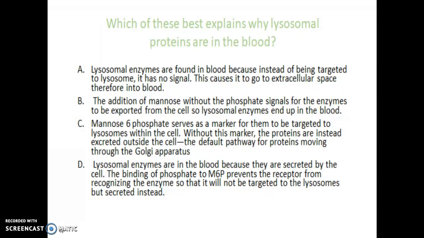Secretion is the default pathway, and everything that is supposed to be in the lysosome has to have a mannose 6-phosphate on it. Because the enzyme does not have mannose 6-phosphate on it, it gets secreted into the blood, or out of the cell, and so it's not in the lysosome where it would be breaking down those inclusions.